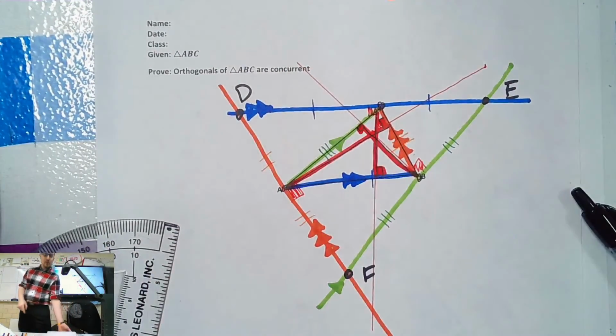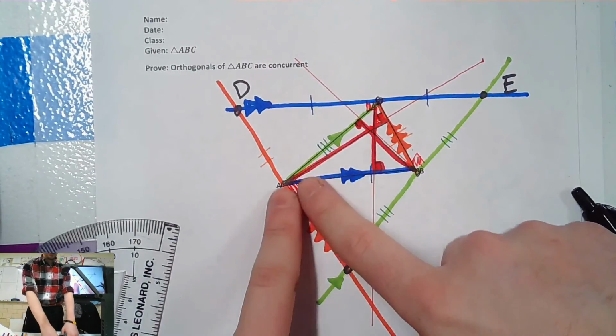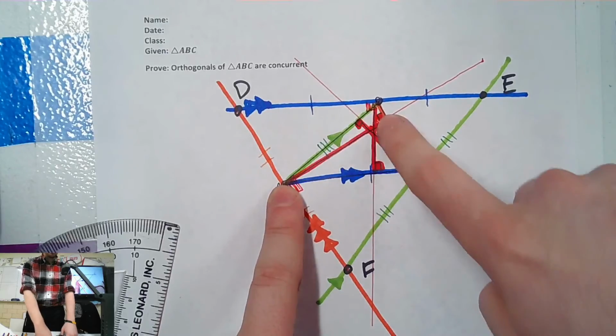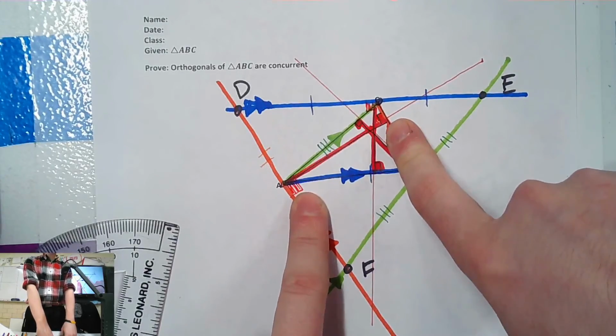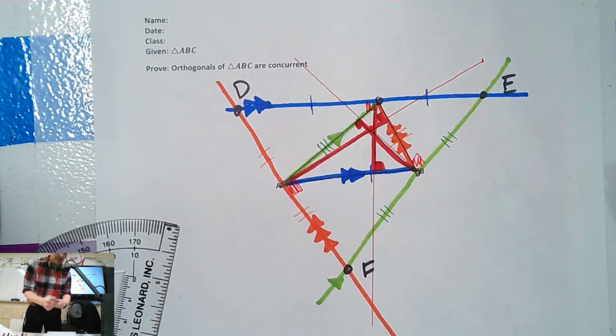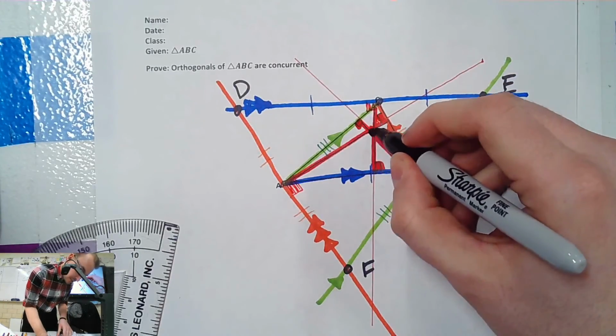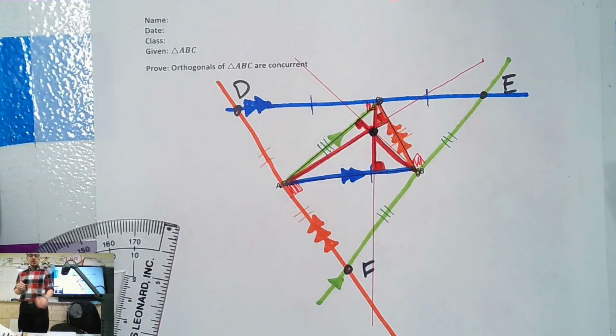When I draw my perpendicular bisectors, they intersect at this point. And that naturally creates these guys, my orthogonals, by alternate interior angles theorem. So where the perpendicular bisectors intersect in the big triangle, the orthogonals intersect in the small triangle. You're going to need alternate interior angles theorem. You're going to need to create all these lines, and you're going to need to know the definition of a medial triangle.